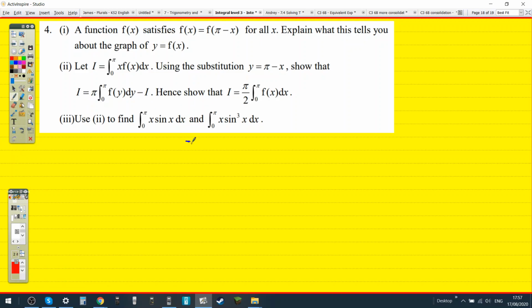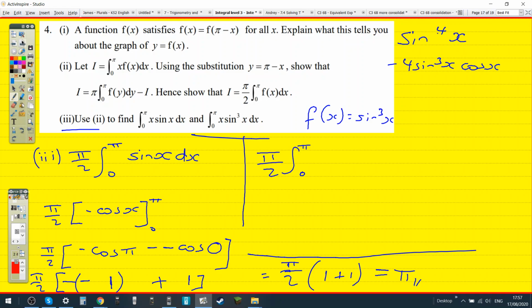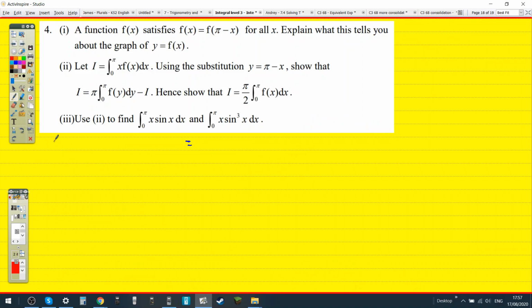So that's the same as... Hang on, so we had to do the integral of sine cubed x. Integral of sine cubed x. Did we do that earlier? Integral of sine squared x sine x.